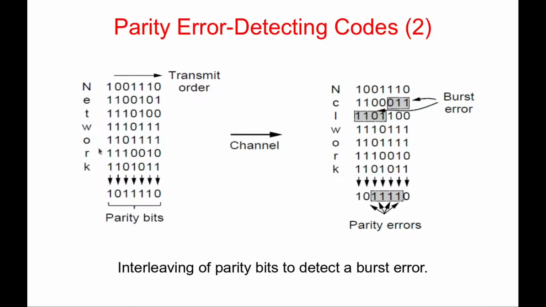So we will first arrange that as n by k as just told, and then for each individual column we will calculate the parity in the previous method, so that it becomes even, for example. So at the end we will also have one more row of parity bits in addition to the original data bits.